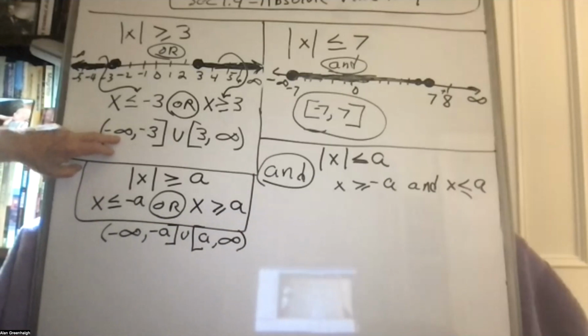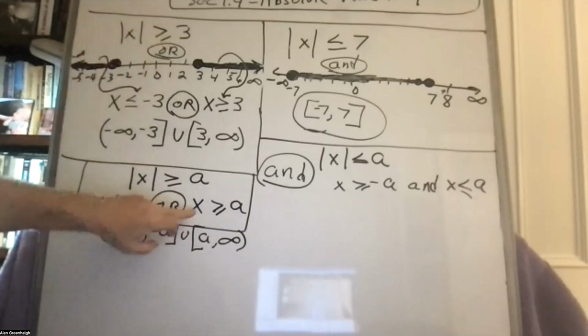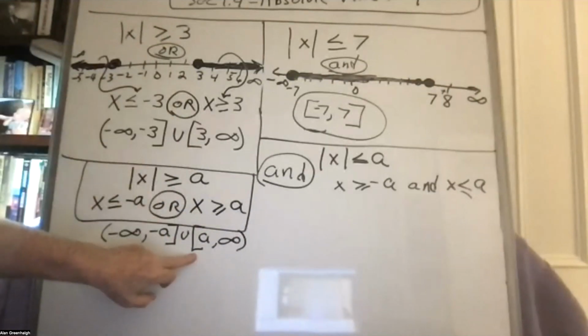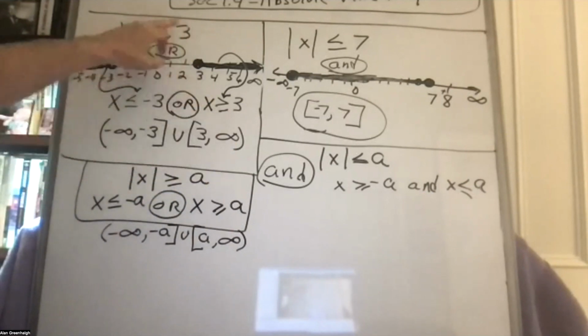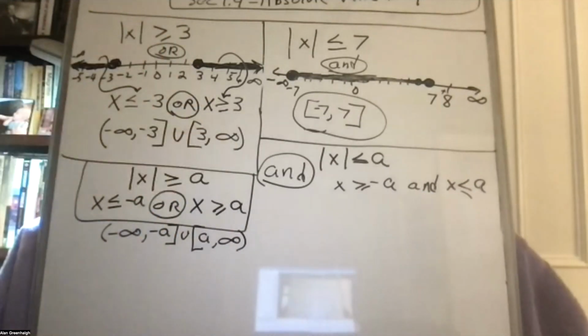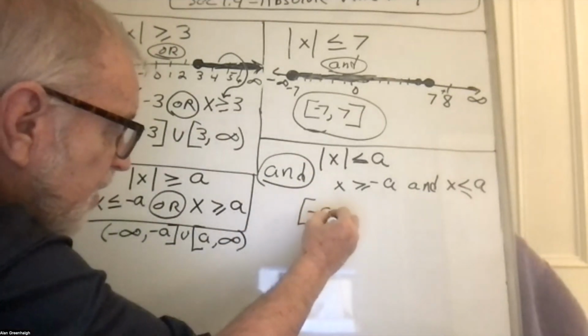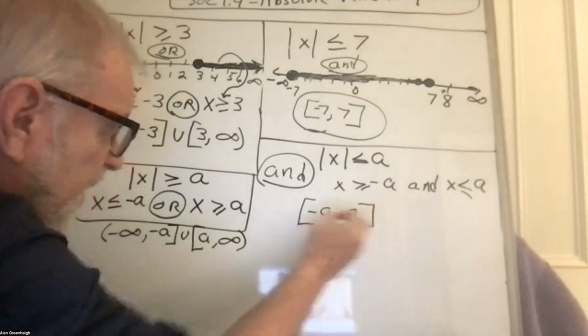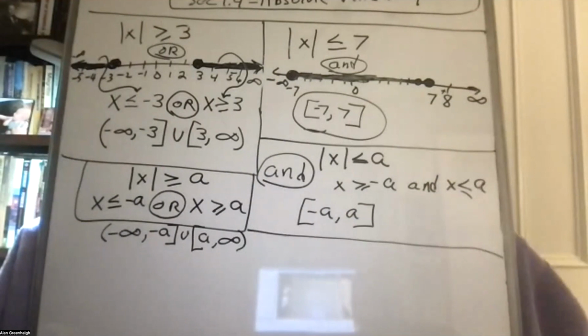Negative infinity to the negative value of 3, or 3 to infinity for the other direction. And this one would be negative a to a. That's the generalization, which would be the rule for this type of situation.